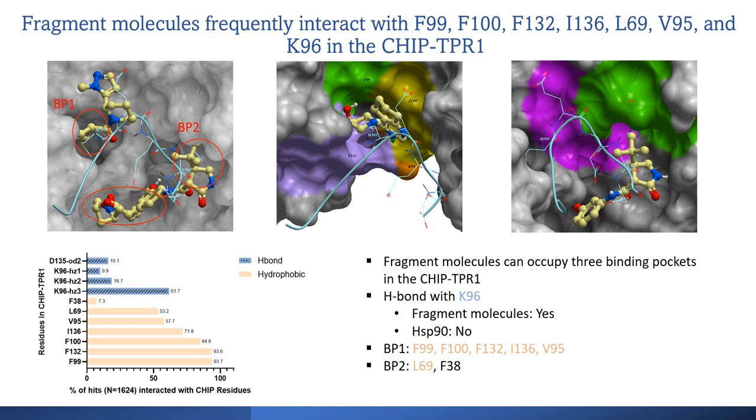In one binding pocket, the side chain of the residue M505 in the HSP90 interacts with the residues F99, F132, I136, and V95 in the CHIP-TPR1.